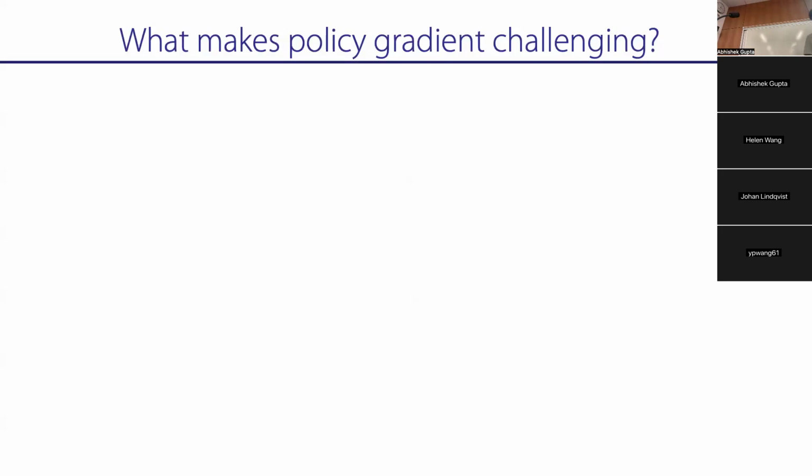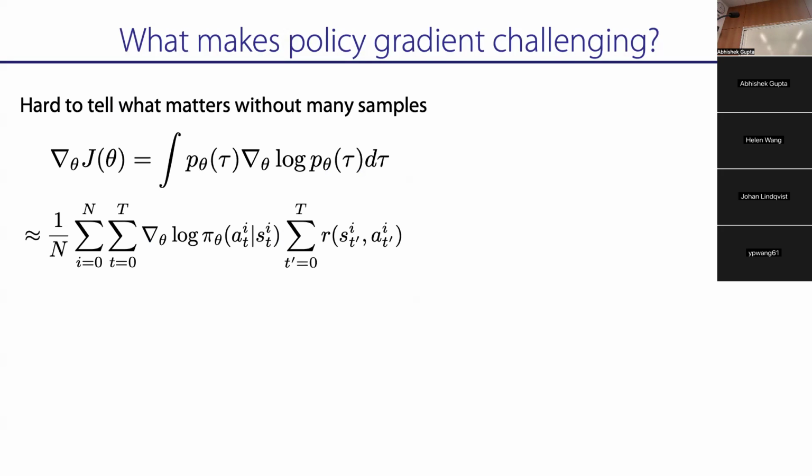Exactly. What else might make it hard? The sum over all the rewards and all the actions. Exactly. So you're lumping things together, right? And really the key is that it's hard to tell what matters without looking at lots of samples. In other words, it's called variance.